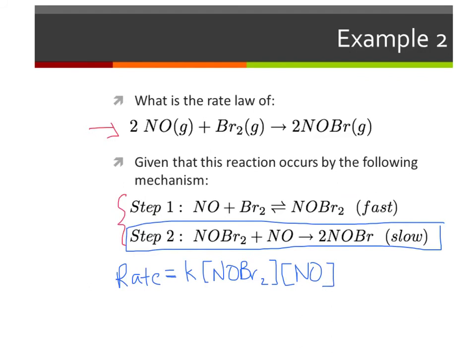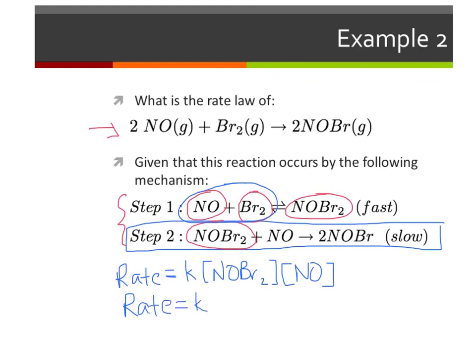But if we look at our reaction, NOBr2 is an intermediate, and its concentration is going to depend on the concentrations of Br2 and NO, because we need to react NO and Br2 to make NOBr2 in the first place. So these two reactants are also going to be part of our rate expression.